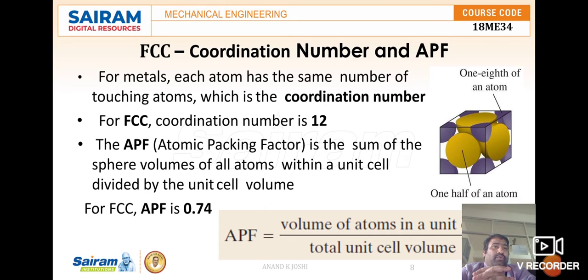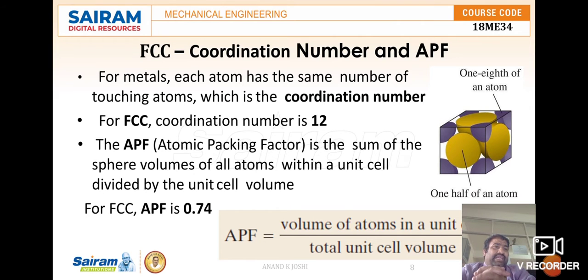Suppose you want to calculate the atomic packing factor for some metals. How are you going to calculate it? The volume of the atoms in the unit cell divided by the total unit cell volume. If you take this ratio, you will get the atomic packing factor.